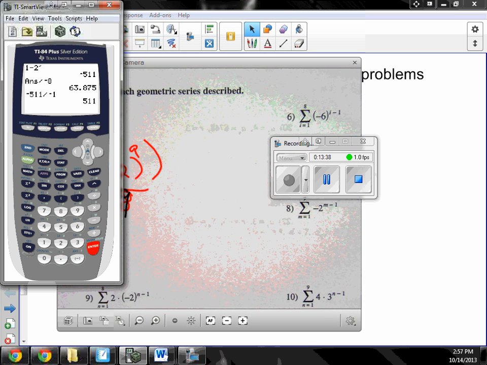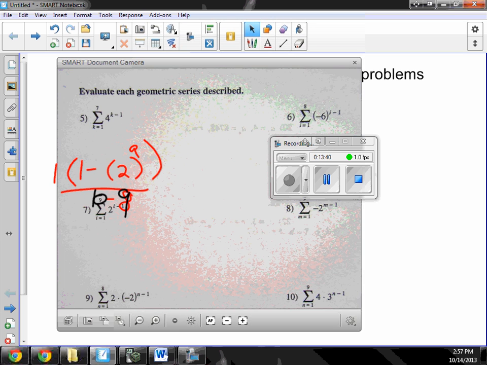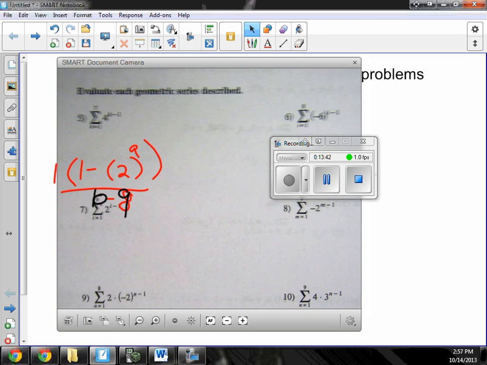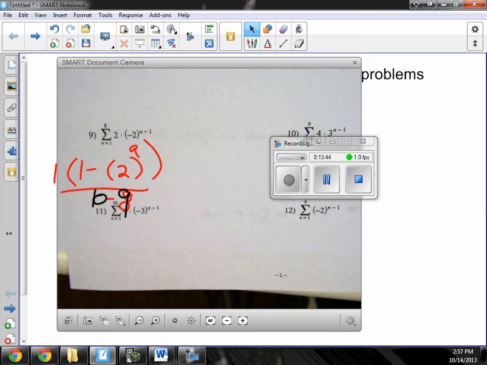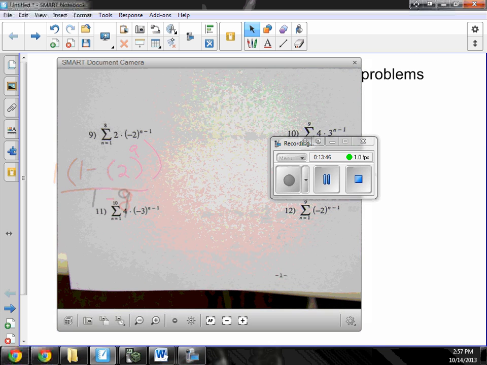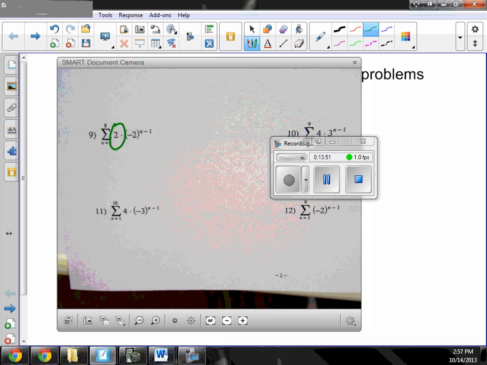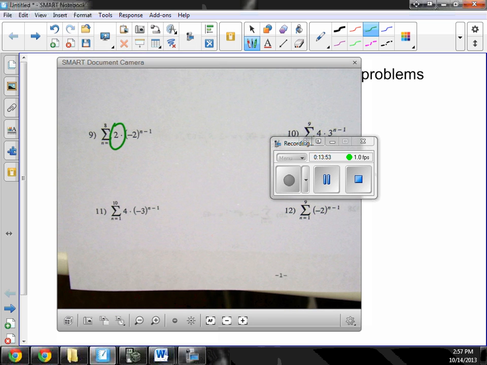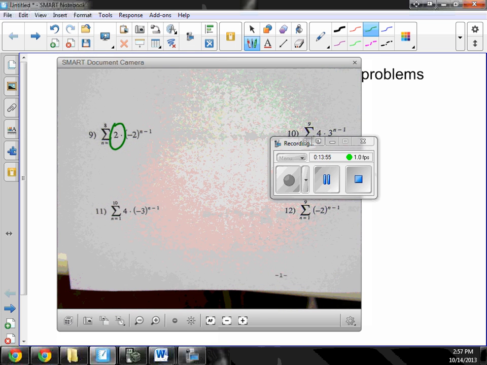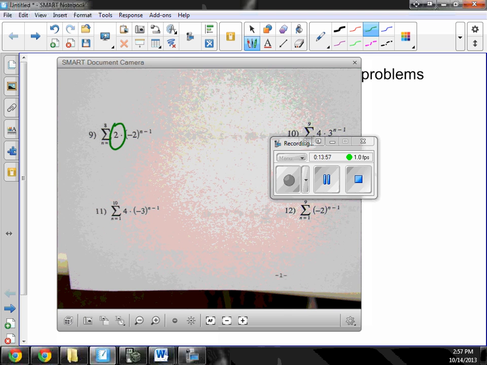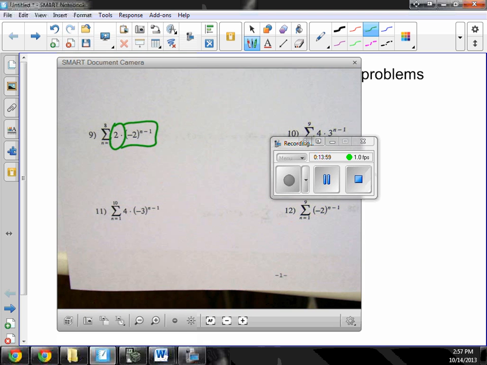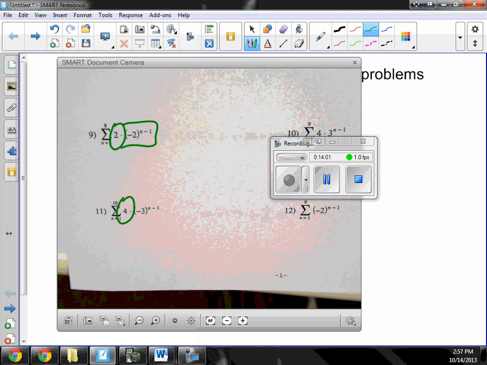Okay, look at number 9. Now, there's kind of a trick here that you may have realized. If you look at number 9, what is this 2 going to do? That's just going to be my first term, right? Because this is going to turn into a 1, so the number in front is actually a sub 1.